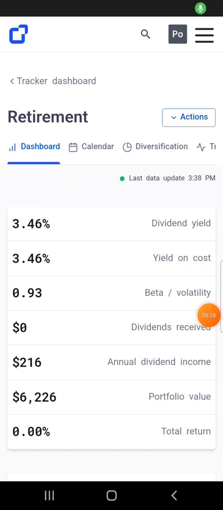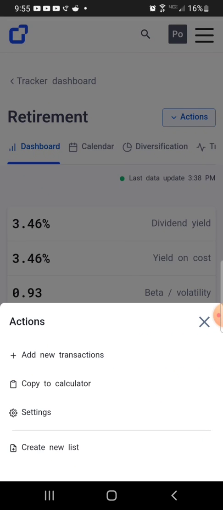So now we added O, and you guys can still see I got $6,226, and I now earn an annual dividend income of $216. Okay, let's add the next stop. And these next ones, they are high yield.